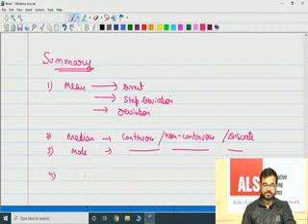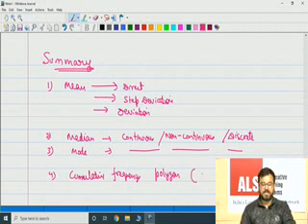After that, we have done cumulative frequency, polygon, the less than or more than ogive.